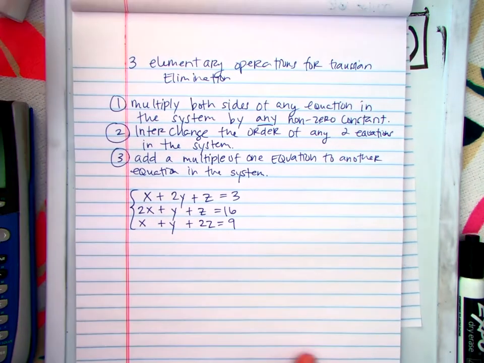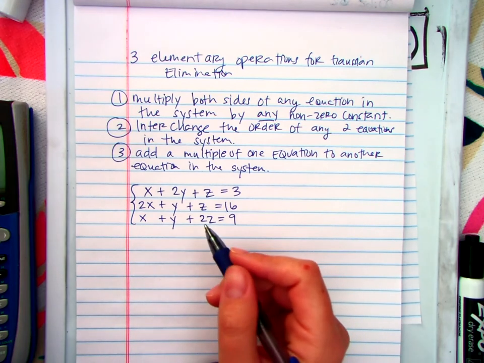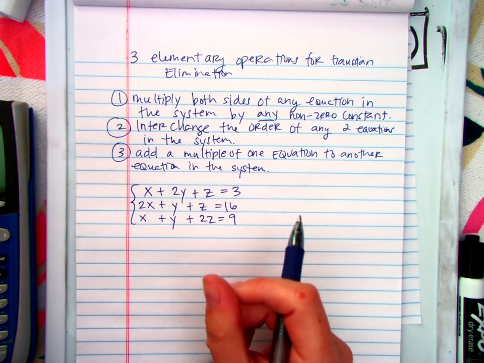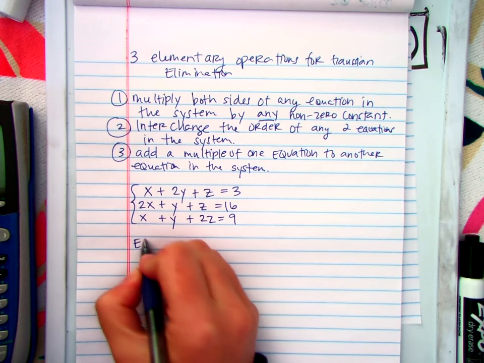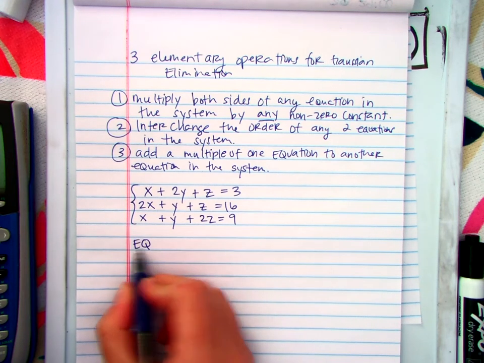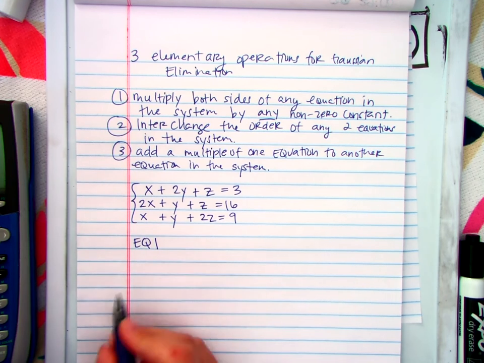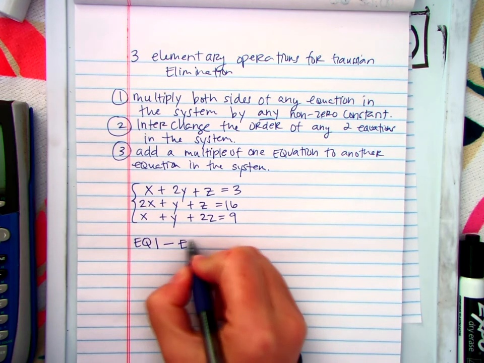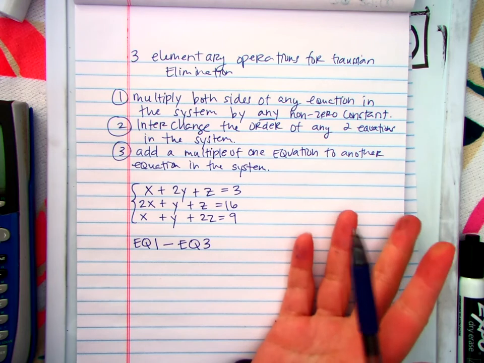So the first thing I'm going to do, I already forgot what I did first. I think I took equation 1. I'm just going to make a little note of what I'm doing. So I took equation 1, I subtracted equation 3 from it, because I'm allowed to change the order, meaning I can skip around if I want to.